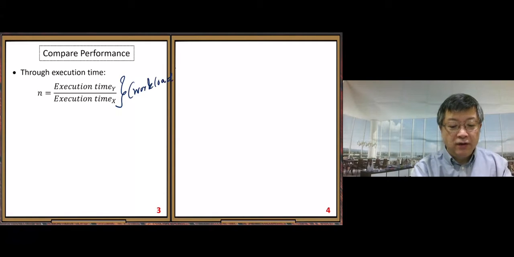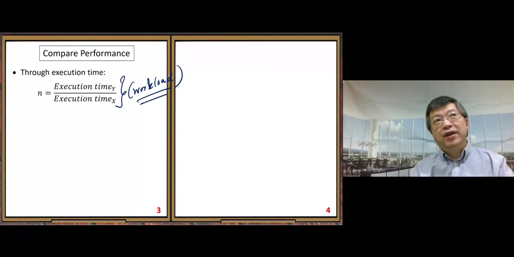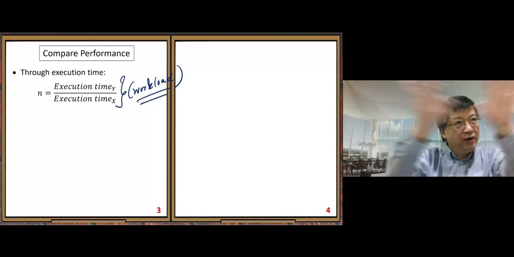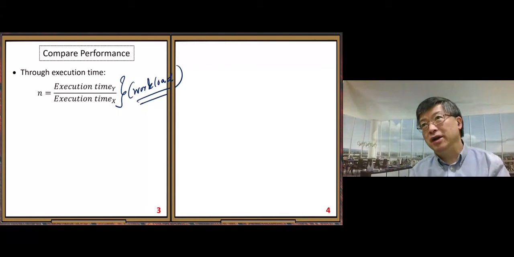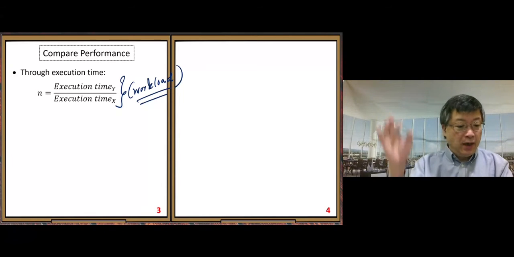Same workload. Do not use different workloads. 3 million search operations, 1 million search operations, the workload is different. How can you compare response time in that way? Not fair.